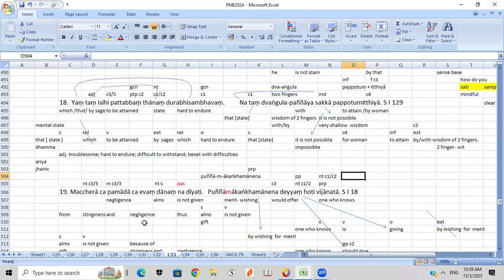Number nine. Macera pamada evang danang na diyati. Okay, this one is punya makang kama nena deyang hoti vijanata.